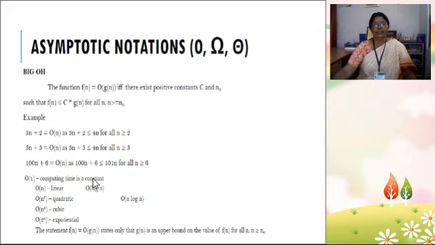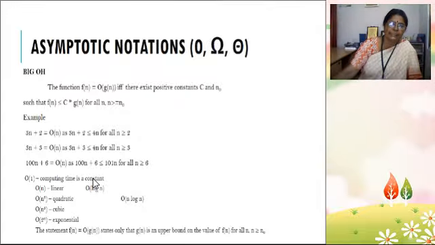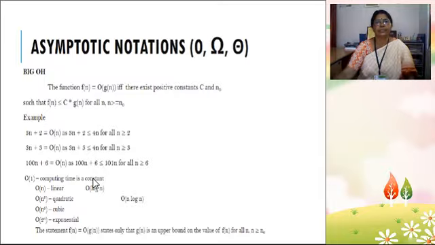So these are the various types of big O notation. So remember, big O specifies the upper bound of any algorithm. It says that the algorithm will always be less than or equal to the upper bound, that is big O of n, for all values of n greater than or equal to n0.